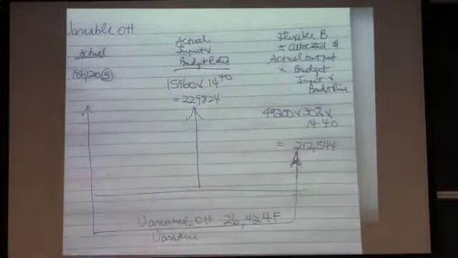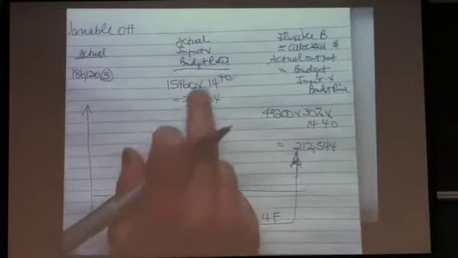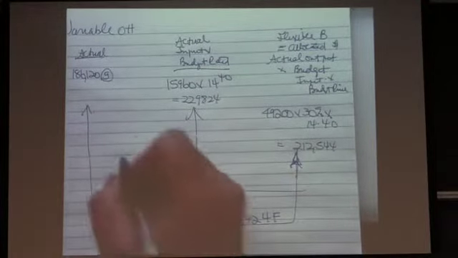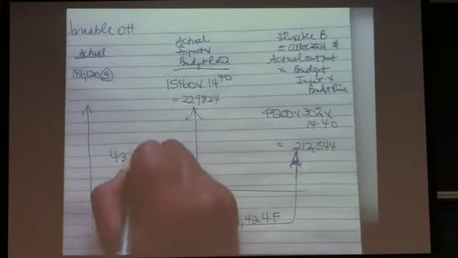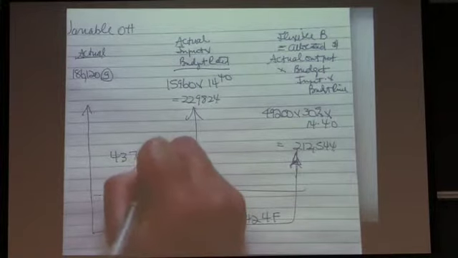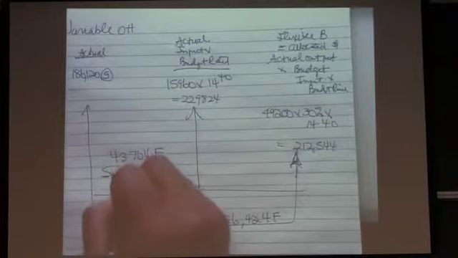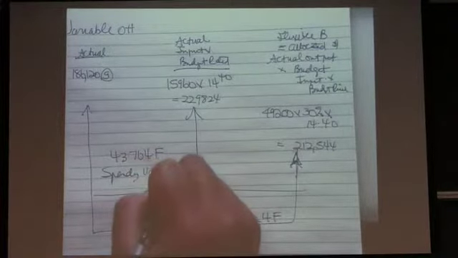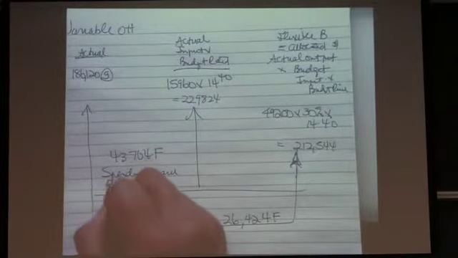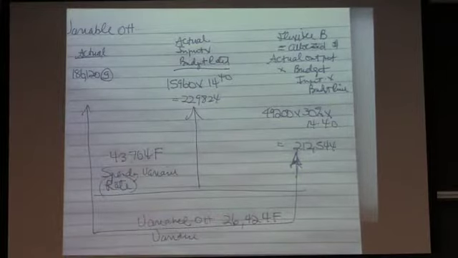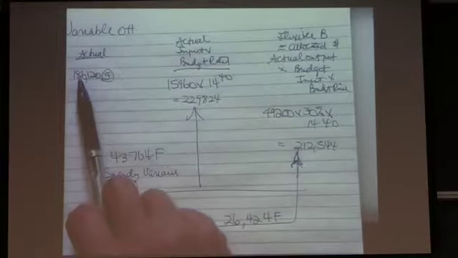So now I can split this variance into these two. First of all, the difference between actual and this number is 43,704 favorable, and this is what they call spending variance, or sometimes called rate variance. Because the actual input would have been the same in this case.